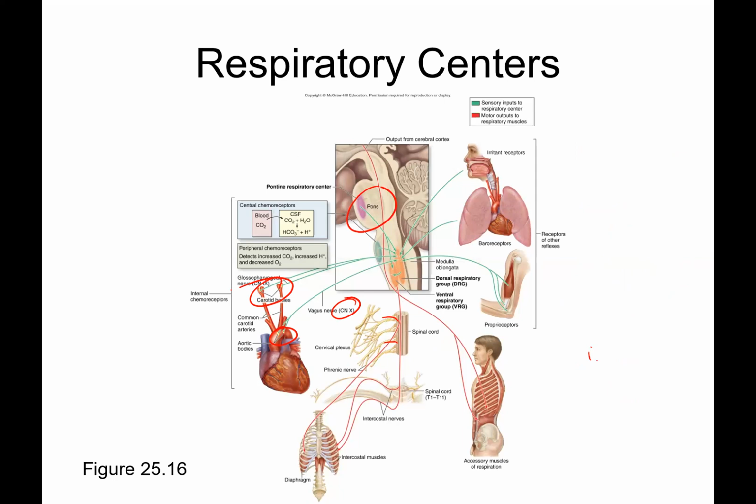The chemoreceptors are going to pick up on a change in your gases, so a chemical change. And then they'll send a signal back to the brain, or more specifically the brain stem, to change the rate at which you're going to breathe. So if it picks up on the chemical change of more CO2, then the nerve signal ticks faster, so you breathe faster. As an example there.